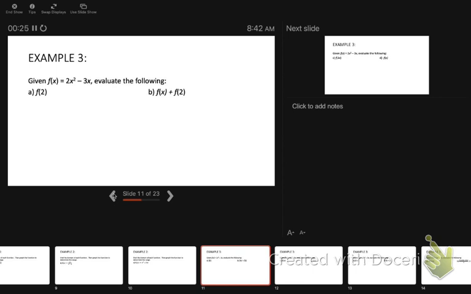So we have f of x is equal to 2x to the third minus 3x. The first one, we have f of 2.